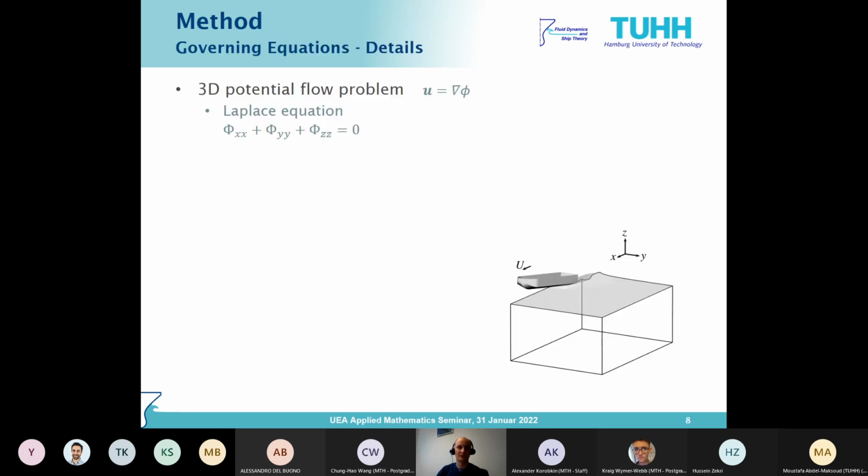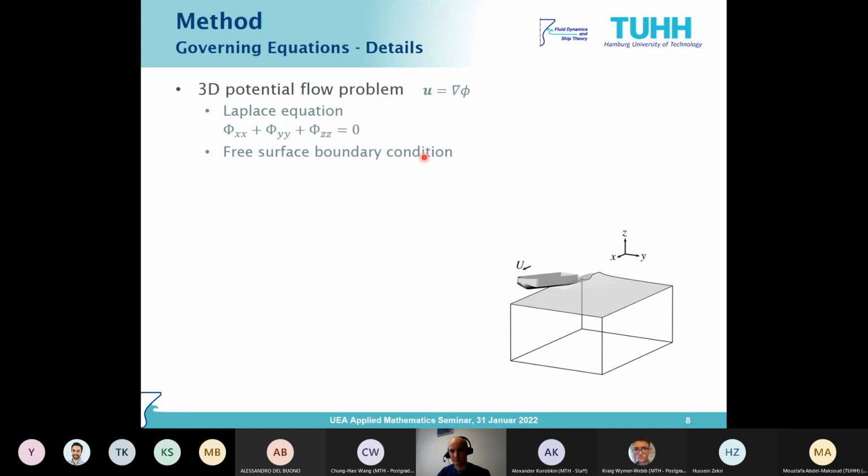Okay, now we come to some more details. In general, let's start with a 3D potential flow problem. So we're assuming that the fluid is non-compressible and the flow is irrotational. And then we can express the flow velocity with a gradient of a velocity potential. And the conservation of mass yields the Laplace equation, which is the basic equation for our problem.